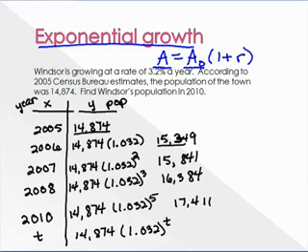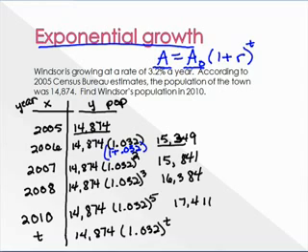So remember here, 1 plus the rate was 3.2% a year, so that's 0.032. And we added those together, and then we raised it to the number of years since 2005. So that's our formula for exponential growth.